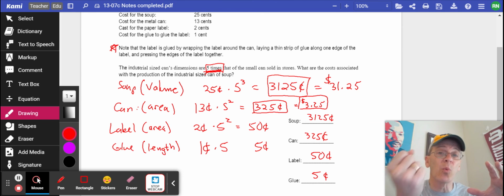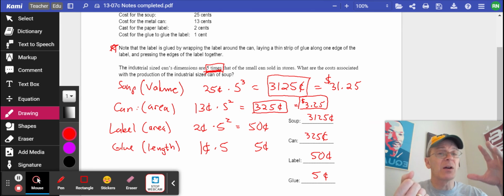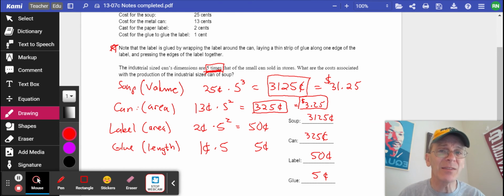So if I tell you what the weight of the small object is, then you've got to calculate the weight of the large. What is the weight dependent on? Right? That's a very common measure also, but is the weight dependent upon the length of something, or the area of something, or the volume of something? So think about that. Give it your best shot and then check the answers.